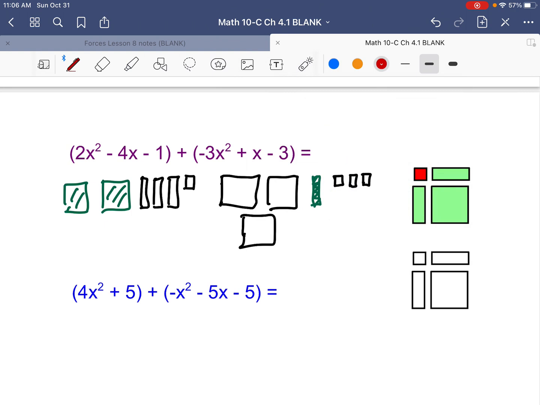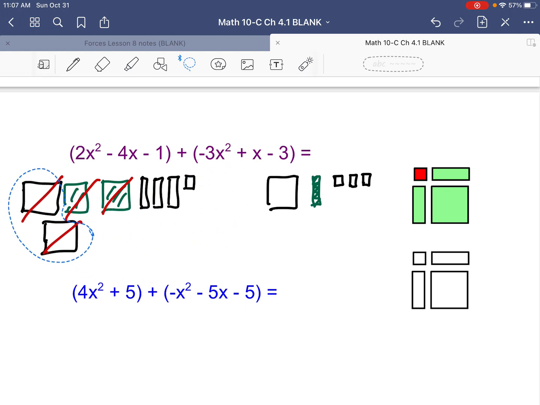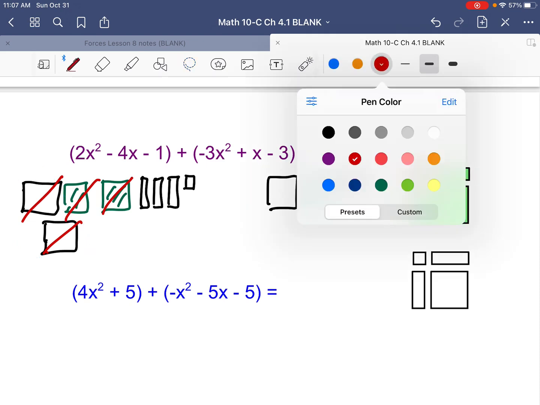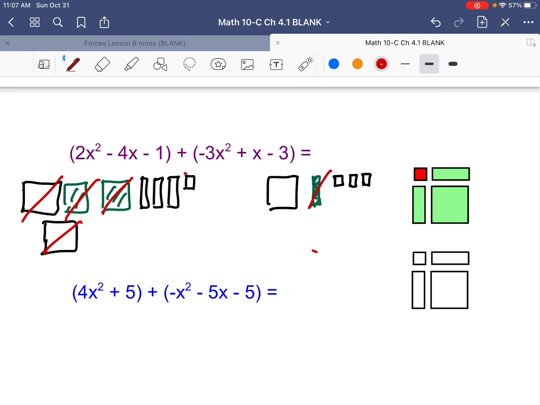Well, remember x squared and minus x squared cancel out. So what's left? Well, I'm going to move these out of the way. These cancel out. Oh, my apologies, I missed that. Thank you. Yes, x and minus x cancel out. So I'm going to move this out of the way.